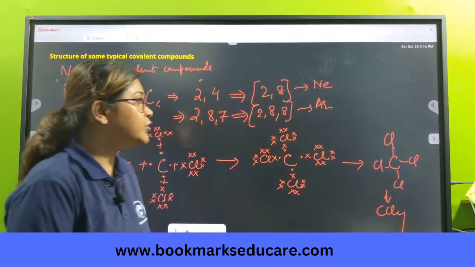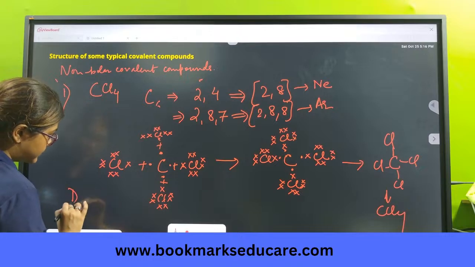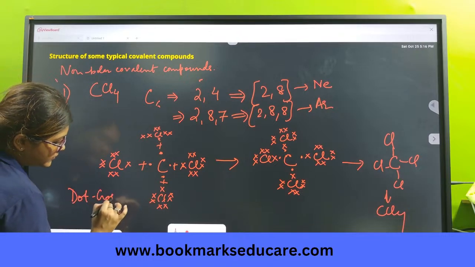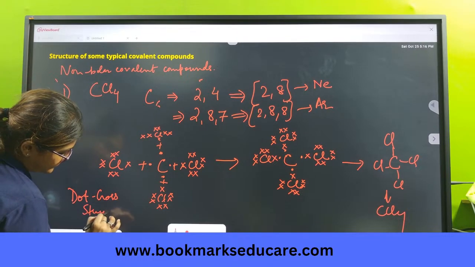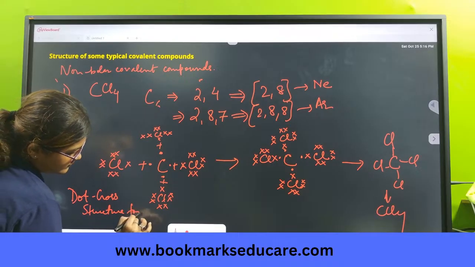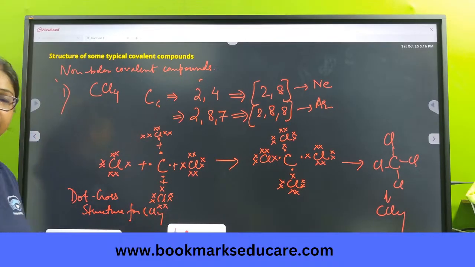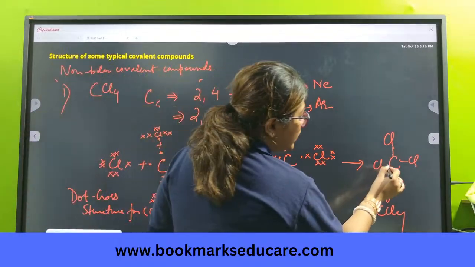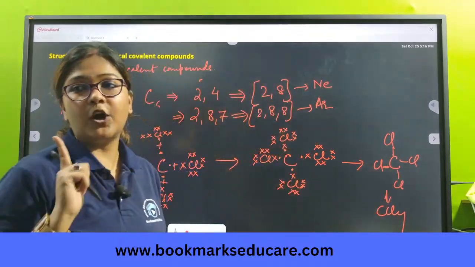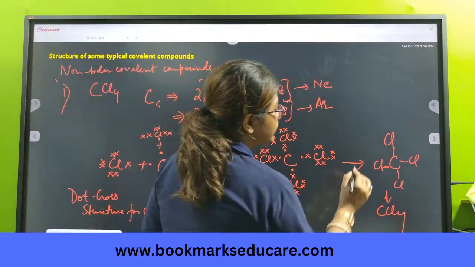So here you see the dot and cross structure for CCl4, right?